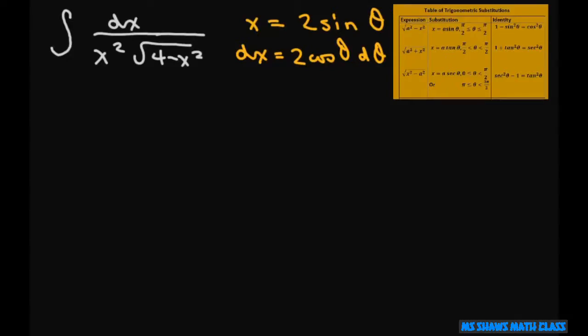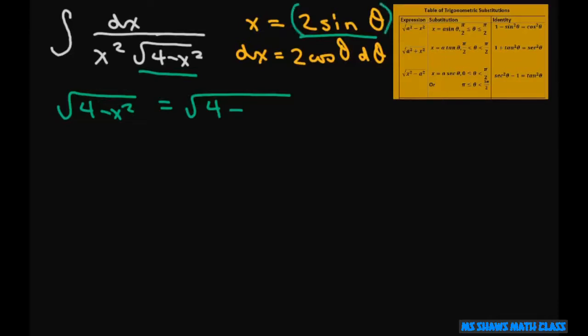Since we're going to do that, we're just going to look at this piece right here. If we separate it out, you have the square root of 4 minus x squared, and I'm substituting in, so that's the square root of 4 minus, if I square this, 4 sine squared theta, which breaks up to the square root of 4 times 1 minus sine squared theta.